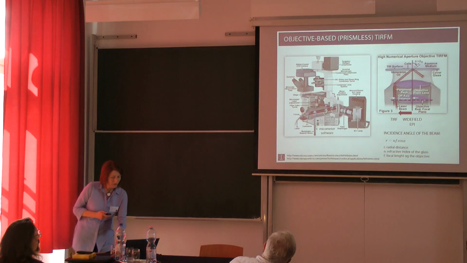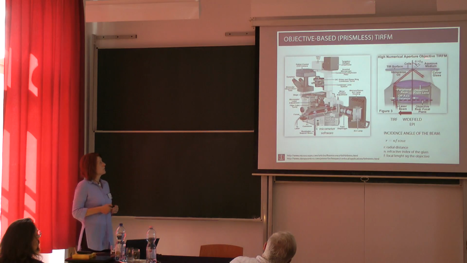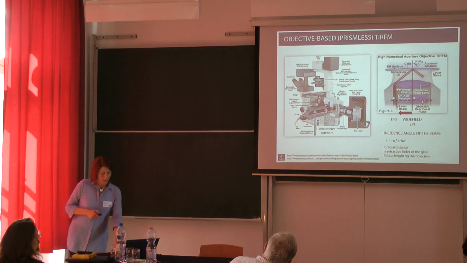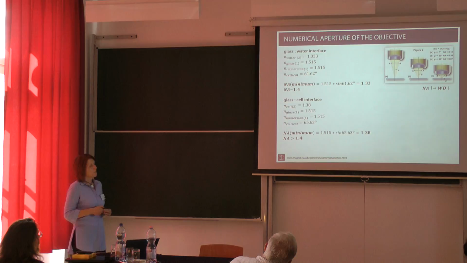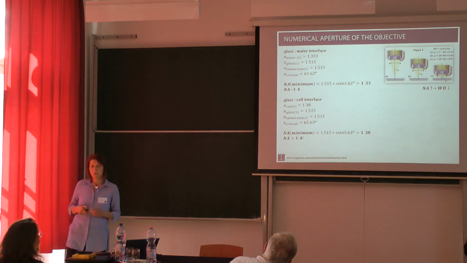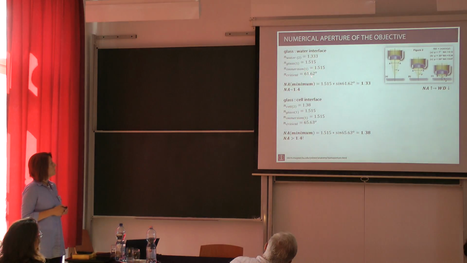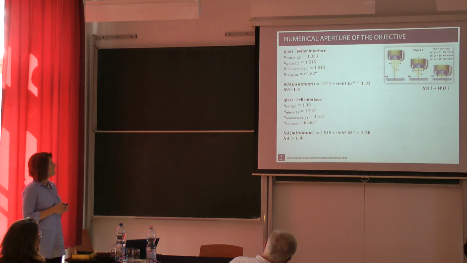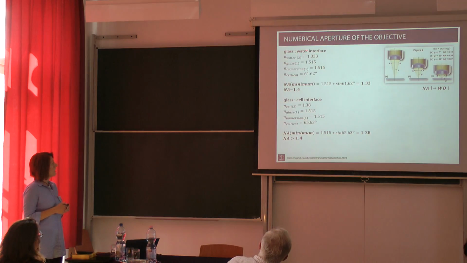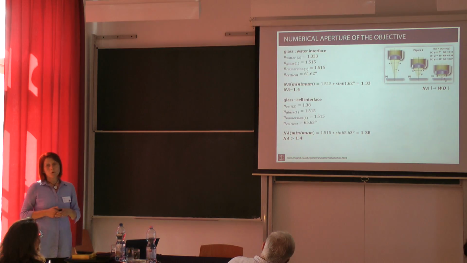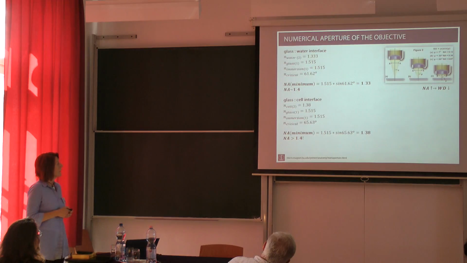There is one important consideration for objective-based TIRF systems: the numerical aperture of the objective has to be relatively large. These numbers illustrate that if you want to image something in a water-based sample, like a glass-water interface, the minimum numerical aperture required to reach the supercritical angles for TIRF illumination is 1.33.